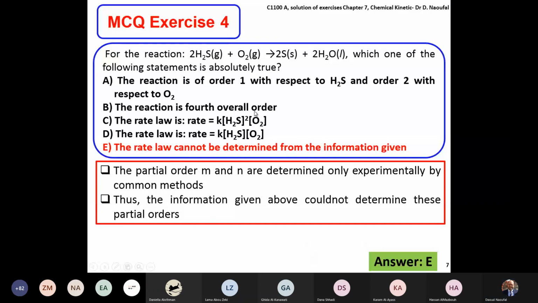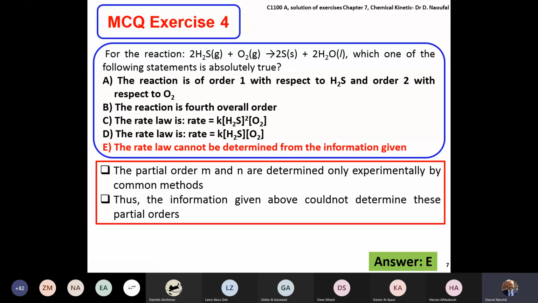Suppose in this exercise we have the term elementary reaction. If he gave us an indication that this reaction is an elementary reaction, that means it takes place in one step.